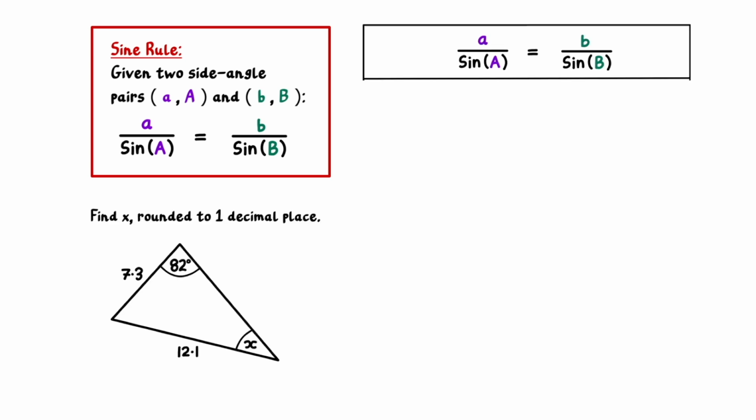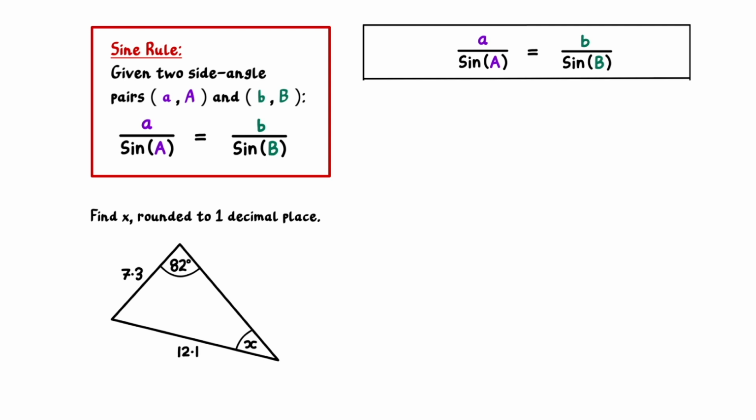In our second example, we have a triangle with side lengths of 7.3 and 12.1. One of the angles is 82 degrees, and another of the angles is labelled x. Again, these four quantities form two side angle pairs. This is precisely the scenario where the sine rule can be applied.